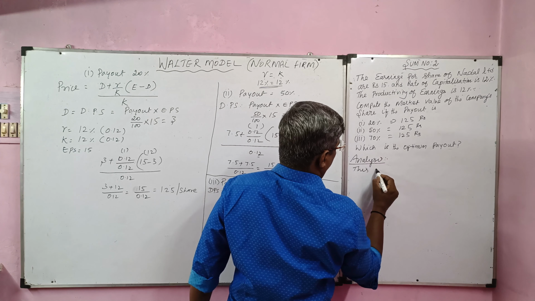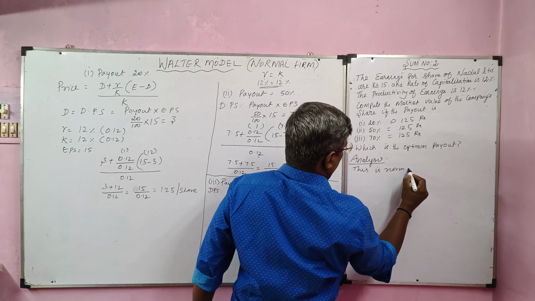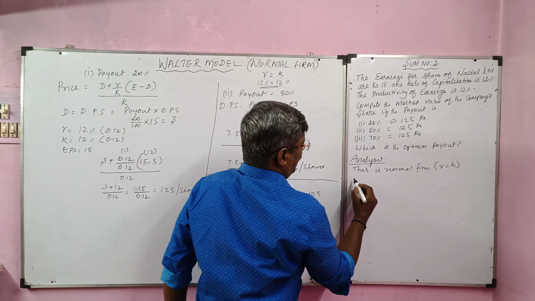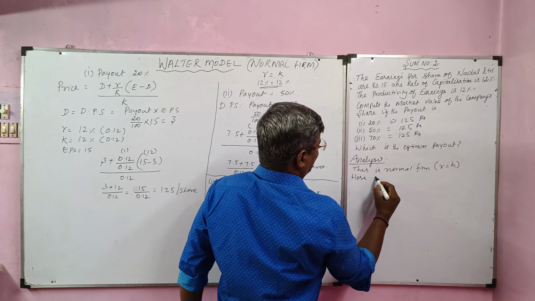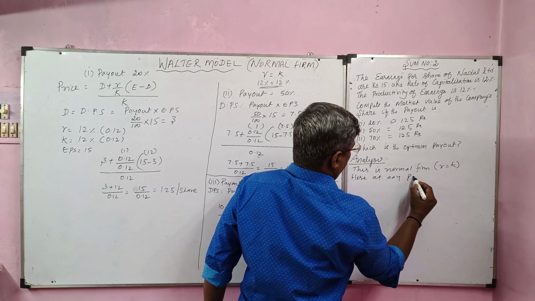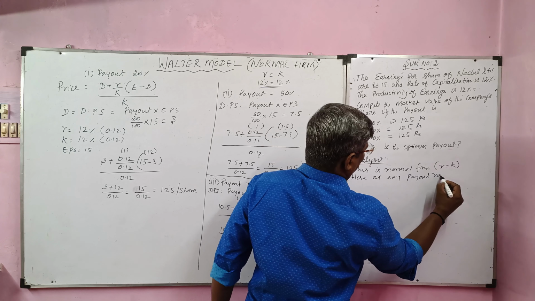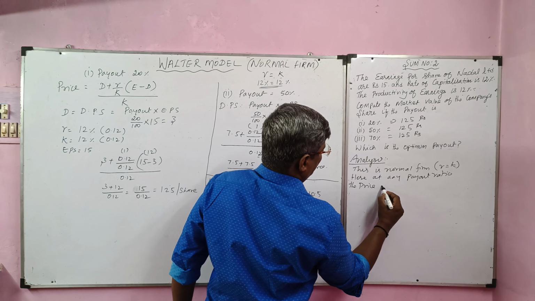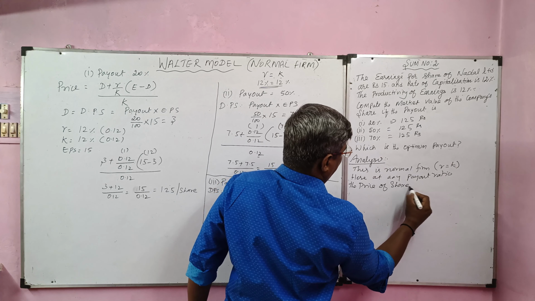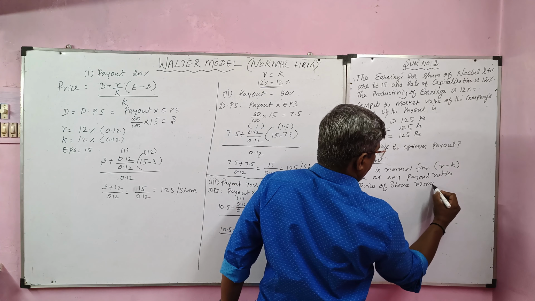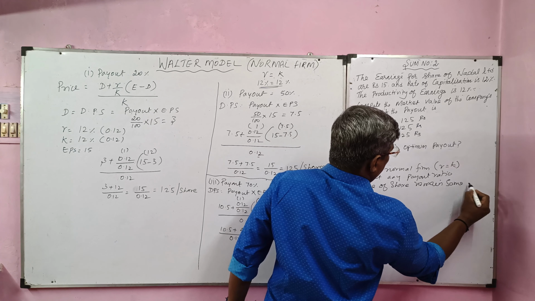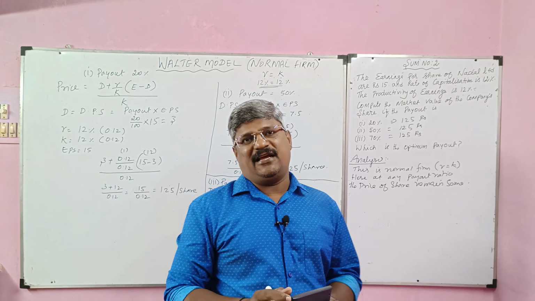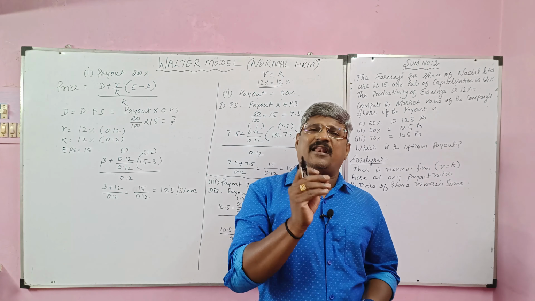This is normal form, which means R equal to K. Here, at any payout ratio, the price of share remains the same. So the payout ratio will not affect the price of equity share under Walter model in relation to normal form.